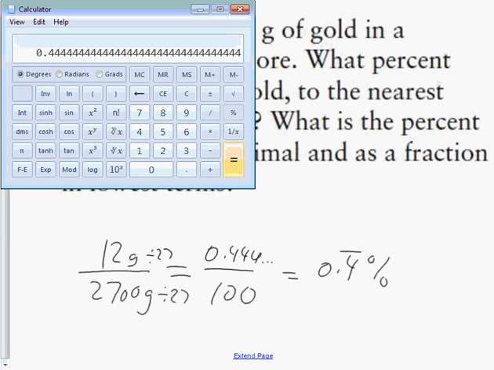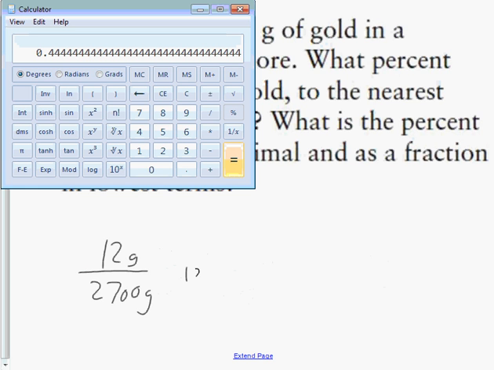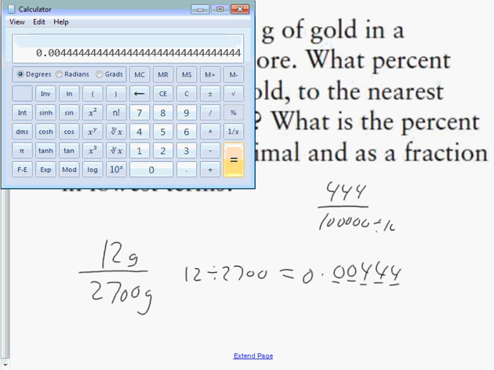Now the other way to do that would be to simply use your division method. So 12 divided by 2,700 is 0.00444, which is 444 100,000ths, which divided by 1,000 is 0.4 repeating out of 100, or 0.4 repeating percent.